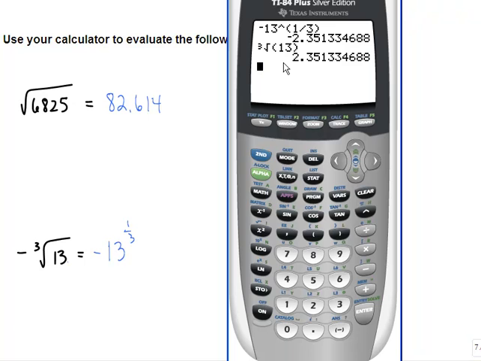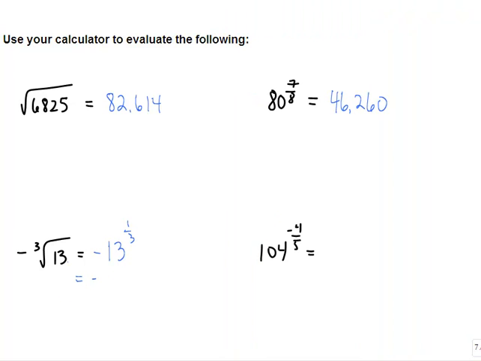I didn't type in my negative beforehand, so I would have to remember that that should still be there. So my answer rounded to 3 decimal places should be negative 2.351. Whoops, 0.351. So there's a couple different options for how you want to do a cube root. You can do a 1/3 power, or you can use the built-in cube root key.